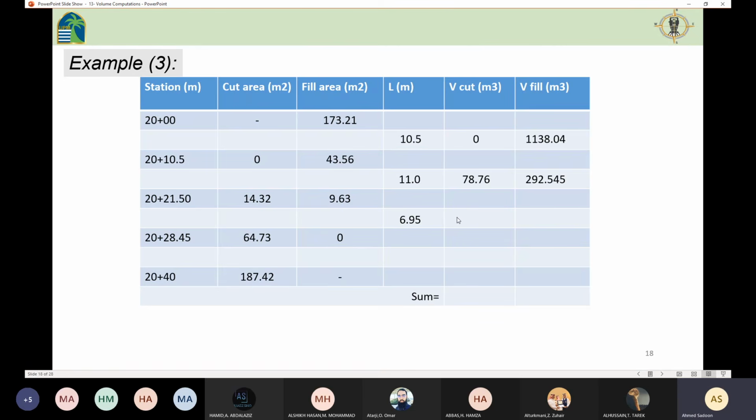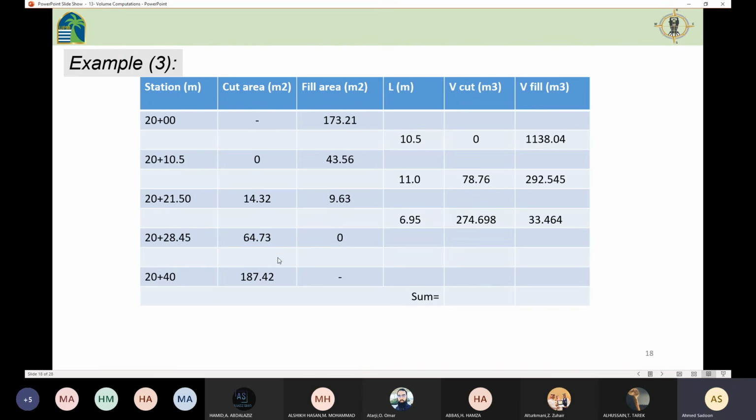So I'm going to apply the formula for the cut and the formula for the fill, like we have done earlier in this step. To determine the volume for the cut, it's going to be the distance times this one plus that one over 2. And for the fill, we are going to have the distance times A1 plus A2 over 2. And remember, since this one is 0, the fill is over at this stage.